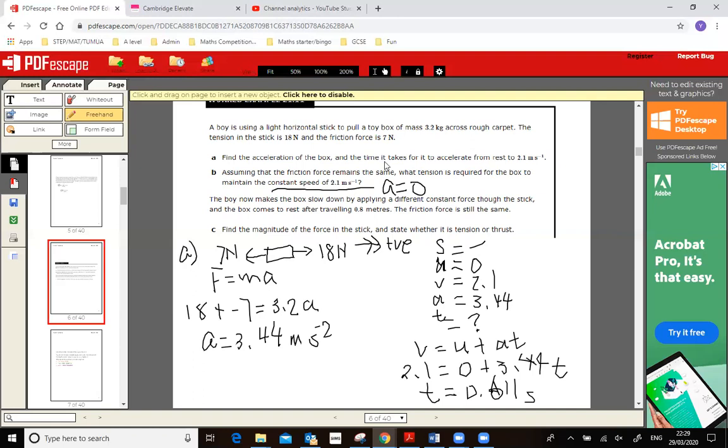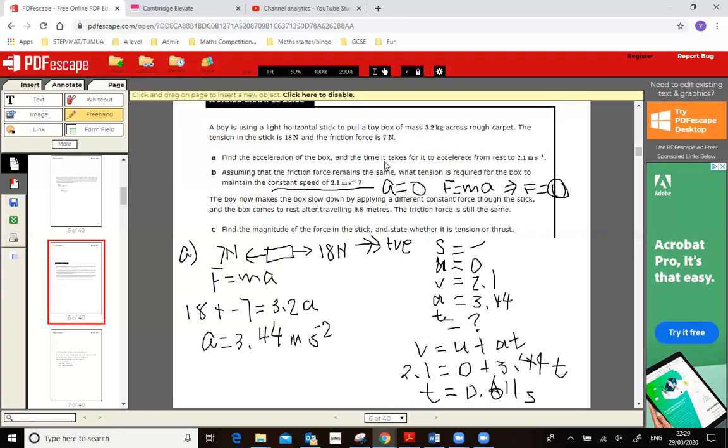So if you think of the formula F equals ma, if A becomes 0, that means F has to be 0. That means the resultant force, the net force, has to be 0.